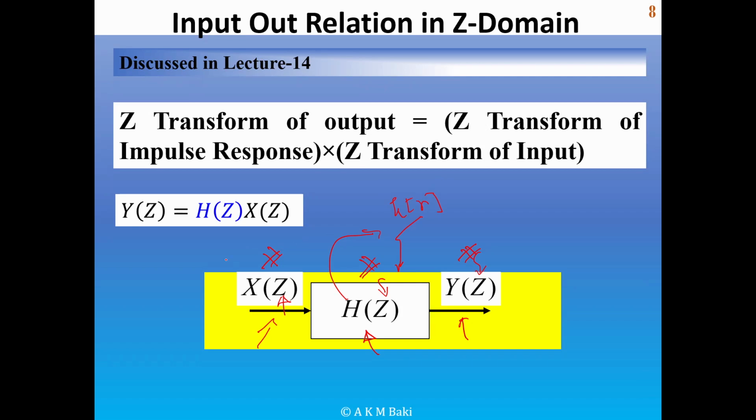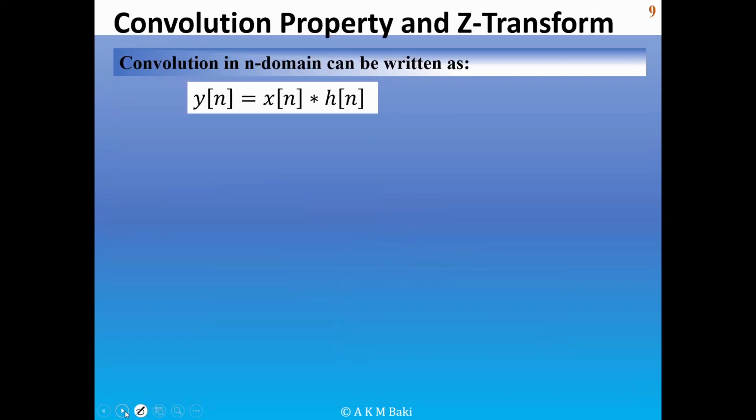So the relation is like this: the Z transform of output is the product of the transfer function and the Z transform of the input. If you know this relation, then the next part should be easier.